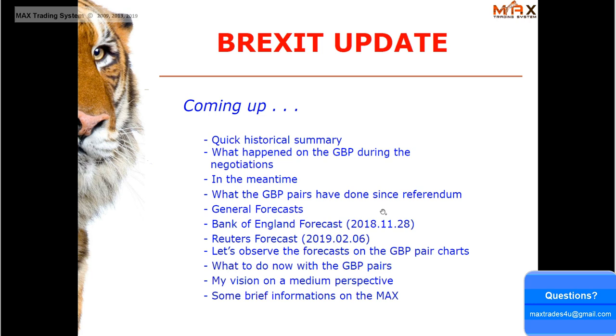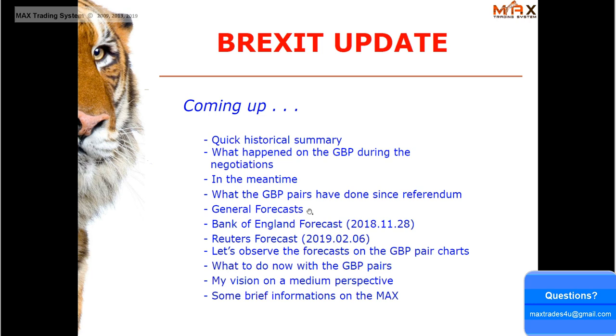And so what I will consider after that is some general forecasts. There have been some forecasts published over that time period, at the very beginning after the referendum in 2016 and during the period, especially in 2018 and in 2019.